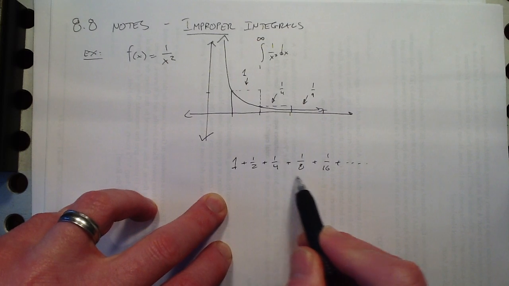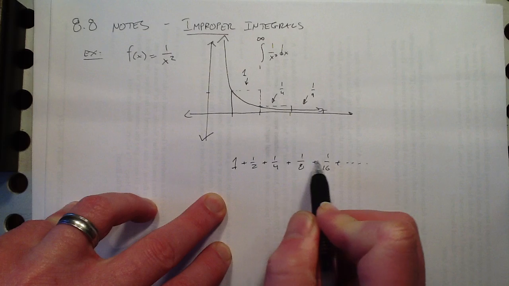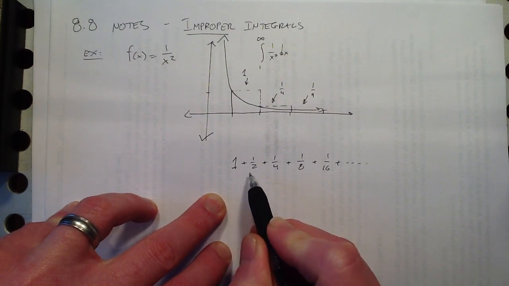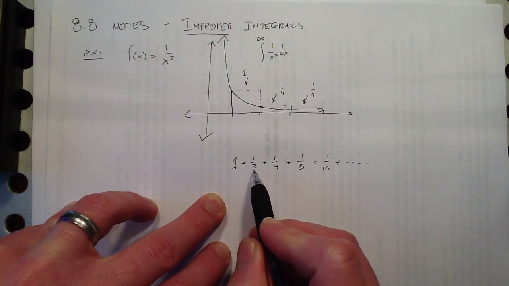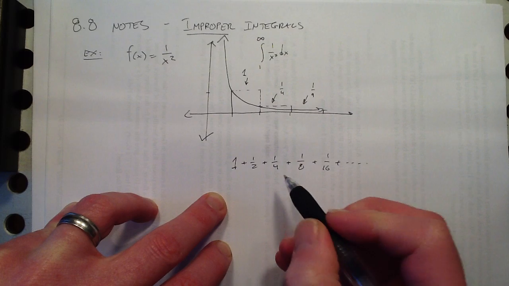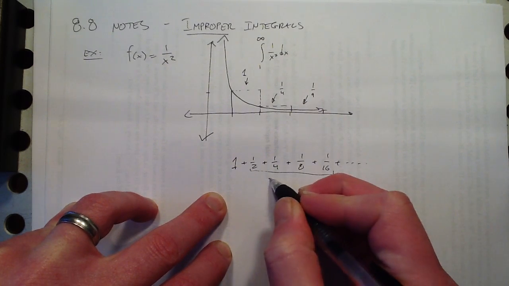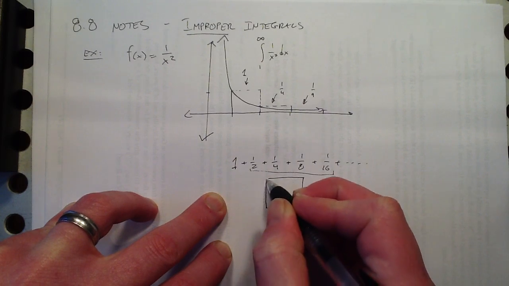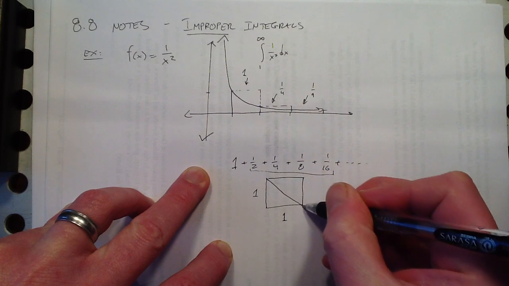This is a geometric series, right? And as long as the multiplier to get from one term to the next is smaller than 1, or actually if its absolute value is in between -1 and 1, then we know that it does actually add up to something. And you can make a compelling geometric argument for this part. Remember, you can make a square that has sides 1, and you can divide it in half.